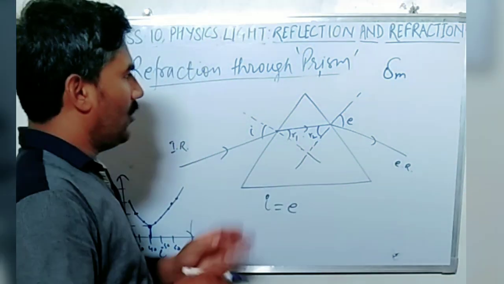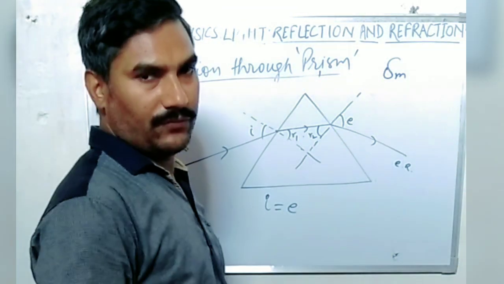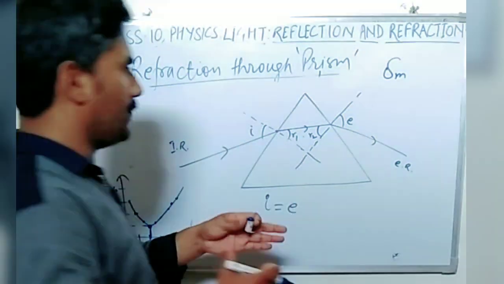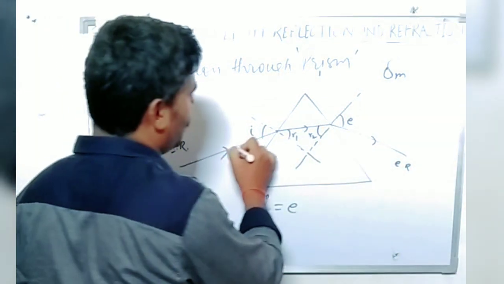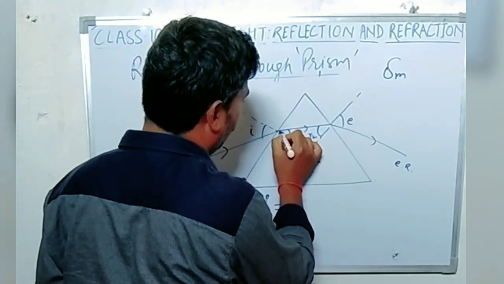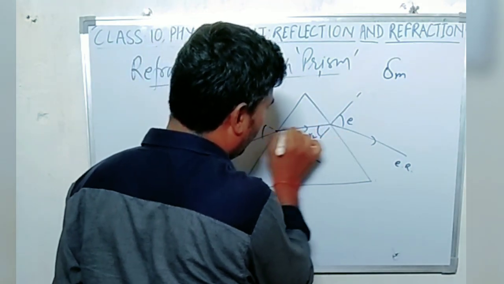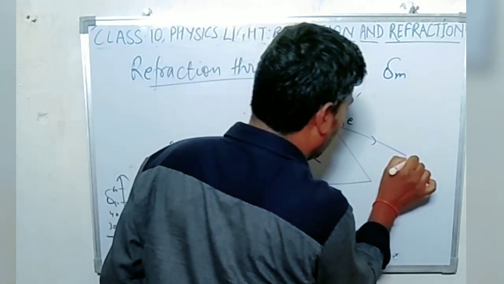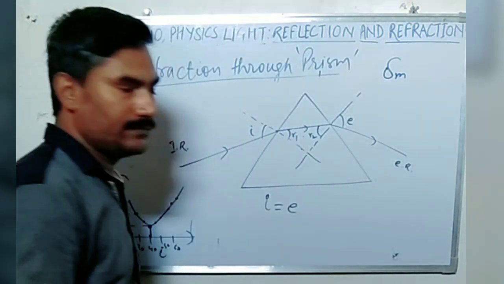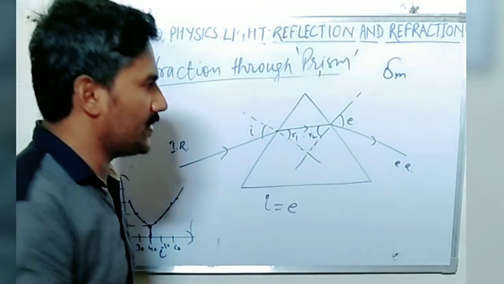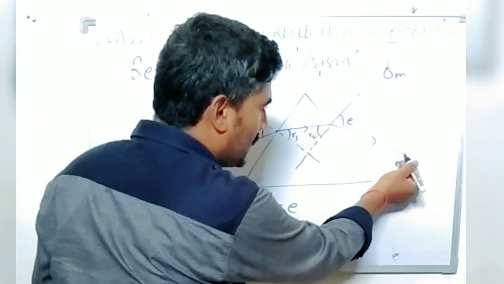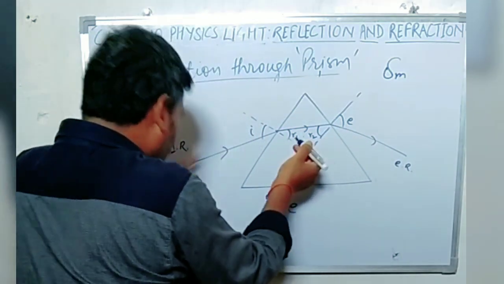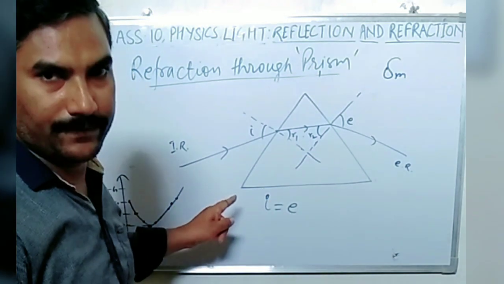Why? Because we have the principle of reversibility. On the basis of that principle, if the incident ray passes through this path and after getting refracted chooses this refracted ray, and for coming out it chooses the path of this emergent ray, the principle of reversibility says that if the incident ray is passing through this emergent ray, this should be the emergent ray.